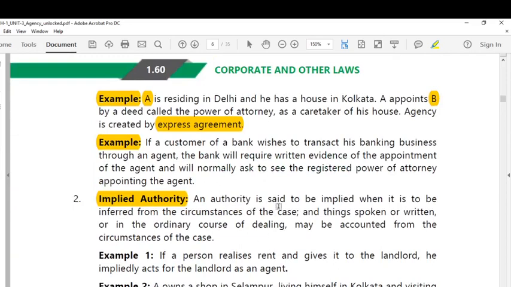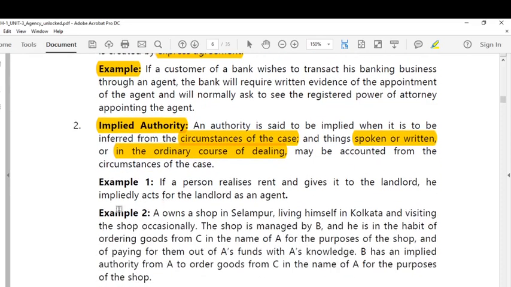An authority is said to be implied when it is to be inferred from the circumstances of the case, and things spoken or written or the ordinary course of dealing may be accounted from the circumstances of the case, and this you will understand with this simple example.